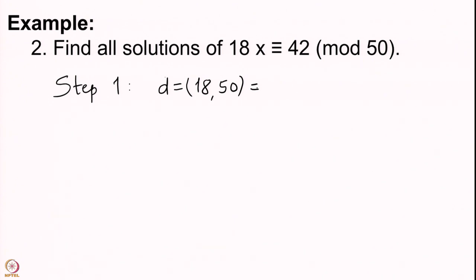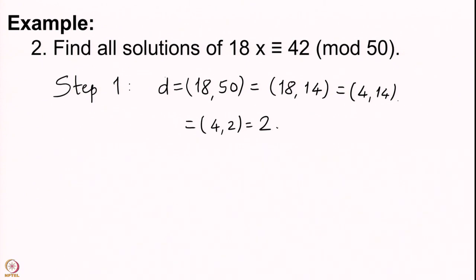That will give you 18 and 14, because 18 into 2 is 36. Once you remove 36 from 50, you are left with 14. This is the same as 4 comma 14, which is the same as 4 comma 2, and therefore the GCD is 2. Here 2 divides 42.